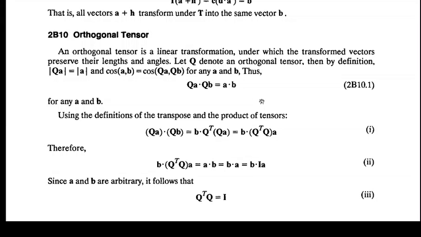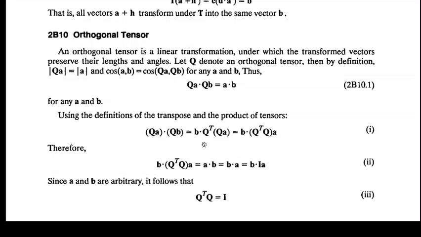Now we will use the definition of orthogonality, and we will reach the usual definition of orthogonality. Using the definition of the transpose and the product of tensors, we can write QA dot QB equals, by the definition of transpose, considering QA as one vector, Q as the transformation and B as another vector, B dot Q transpose of QA.